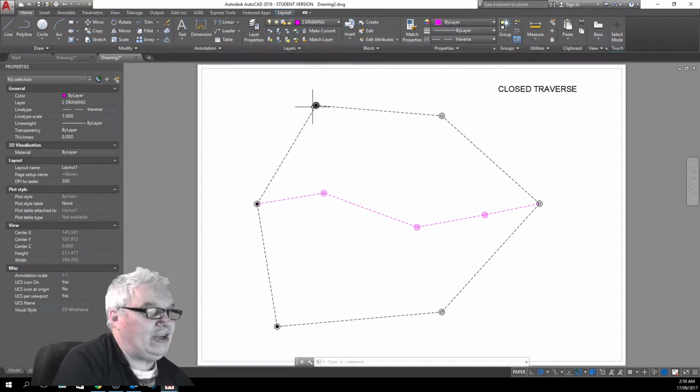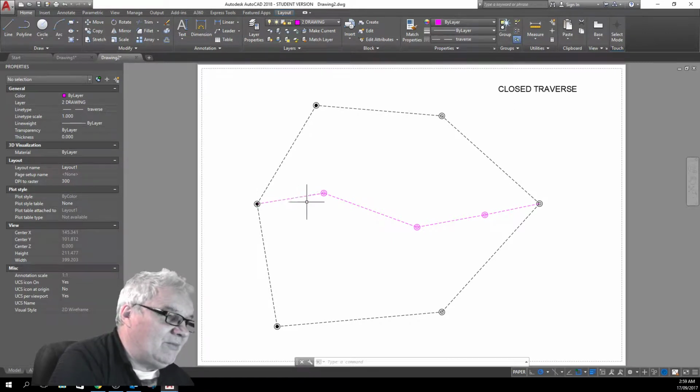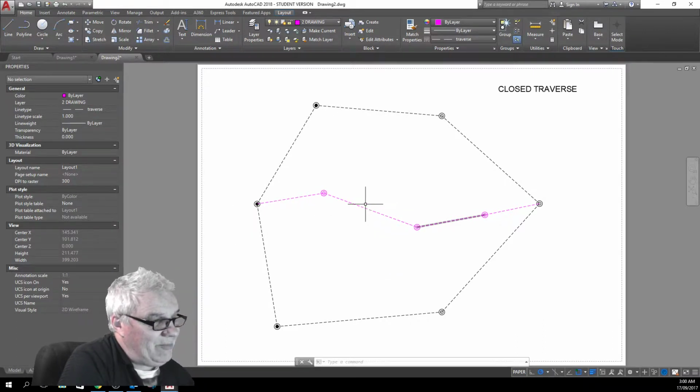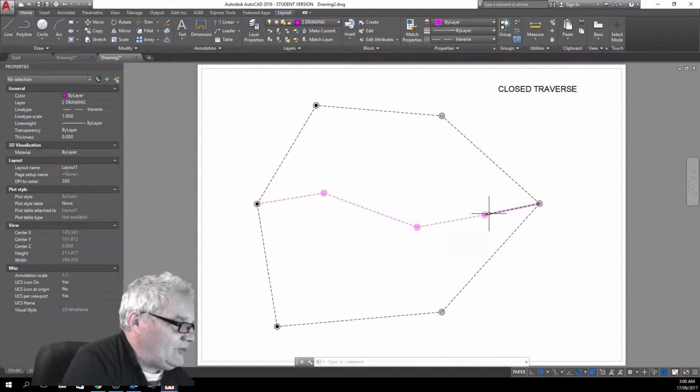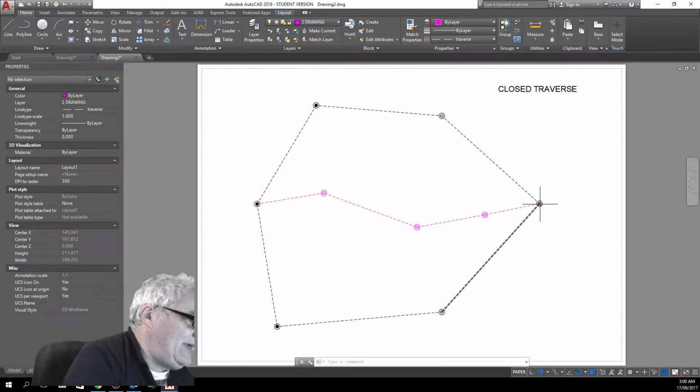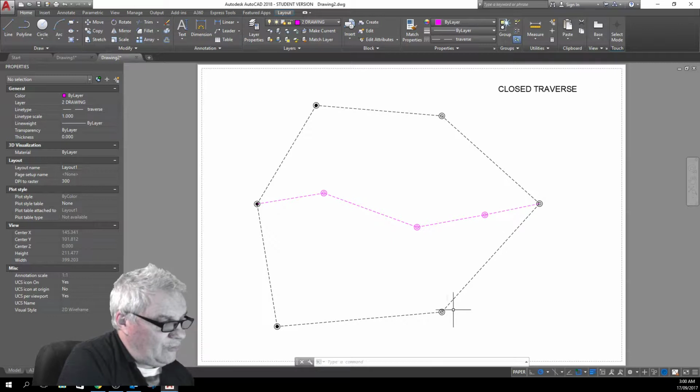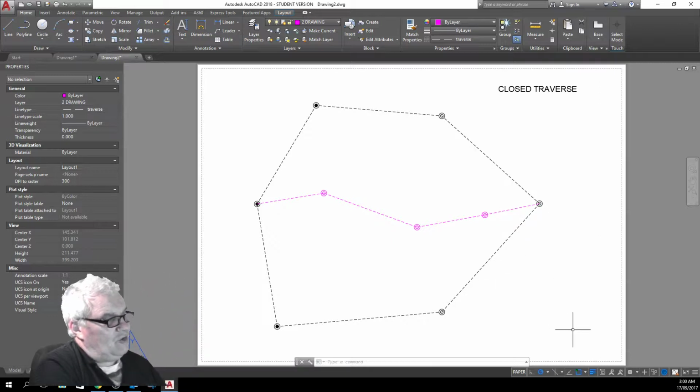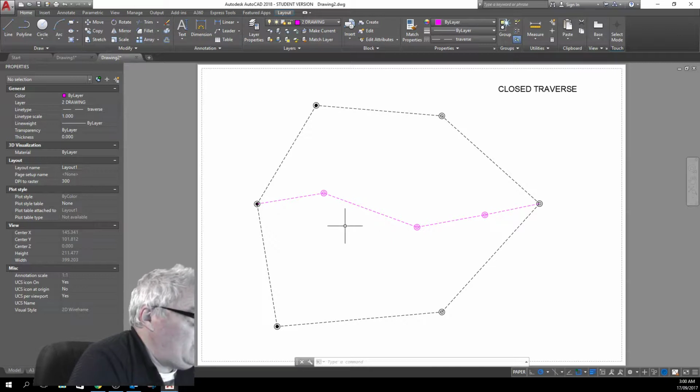Possibly we could even check onto there, and then we measure and observe to here, set up here, back sight there, measure and observe to there, set up here, back sight there, measure and observe to here, set up here, back sight here, measure and observe down to here. Now you can see that that's not a closed figure, but what we can do is check by taking this bearing here, checking through to here, making sure we agree with this bearing here.